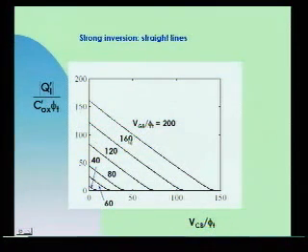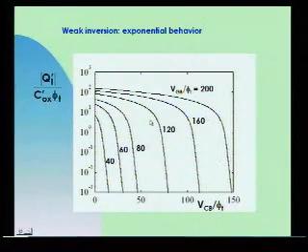I didn't show for VGB here because, as I told you, the models I will present are both bulk referenced. So I prefer to show the variation along the channel. Okay, it's the variation along the channel, and we have straight lines where the channel is strongly inverted, and where the channel is weakly inverted, I have an exponential behavior for the inversion charge density.